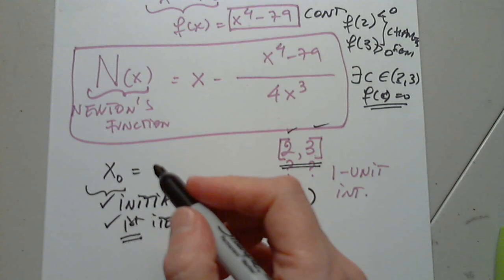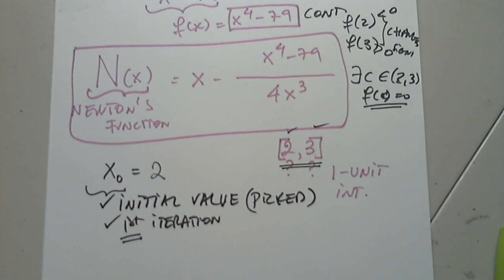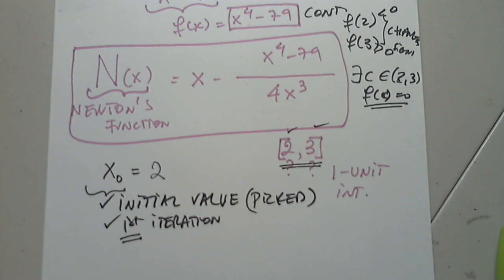Okay, fine. So we pick 2. Then we go back to the graphing calculator, in Y equals, clear whatever you have, and we directly put in Newton's function: X minus, don't forget parentheses for the top, X to the 4th minus 79, close, divided by parentheses for the denominator, please, 4X cubed, and close.